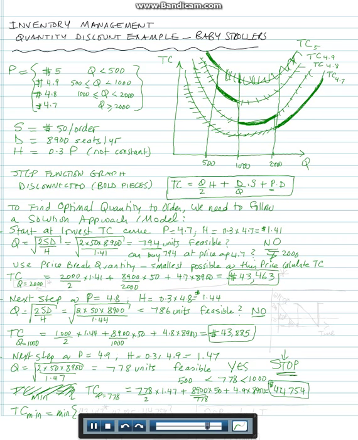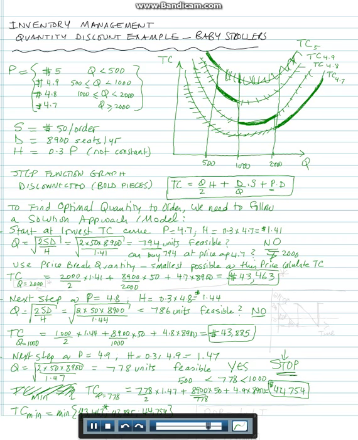So if we find the minimum of these three, 43,463, 43,885, and 44,754, what is the absolute minimum? The absolute minimum is 43,463.